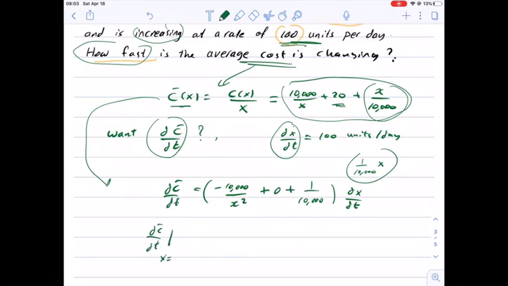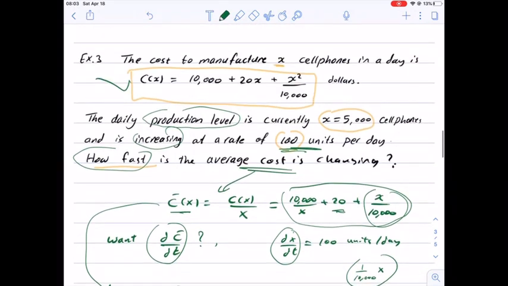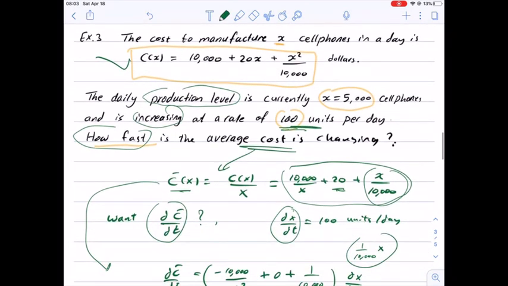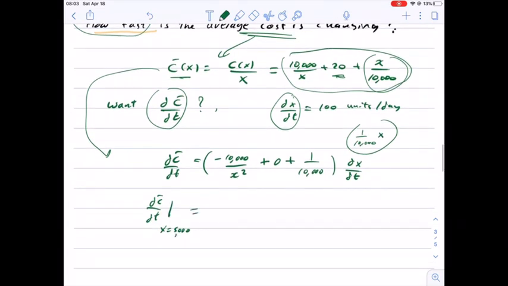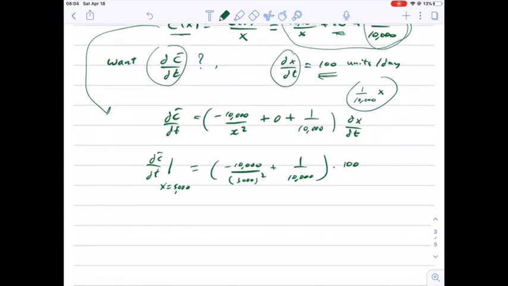Now to evaluate this dC bar over dt at x equals 5,000, we want to evaluate this when x equals 5,000. This is negative 10,000 over 5,000 squared plus 1 over 10,000, all multiplied by dx over dt, but dx over dt is 100. And then we can use the calculator to simplify this, or we can do it by hand.